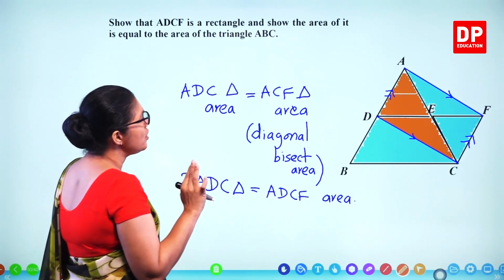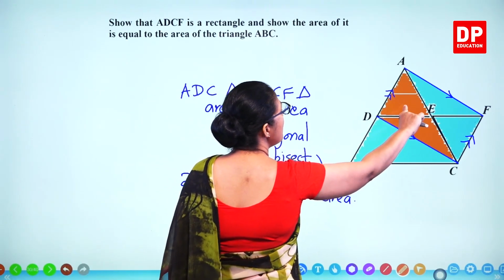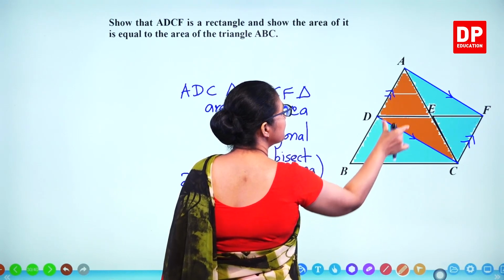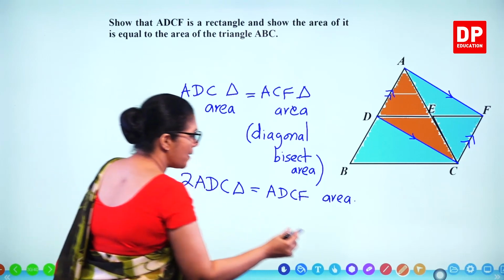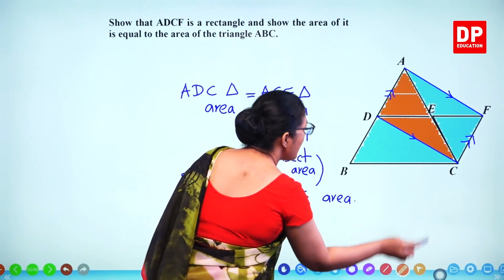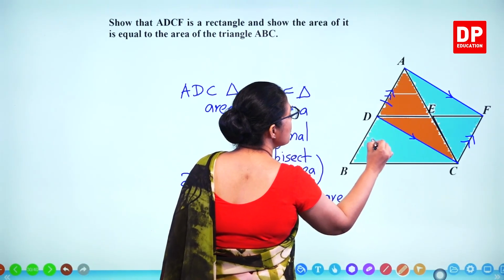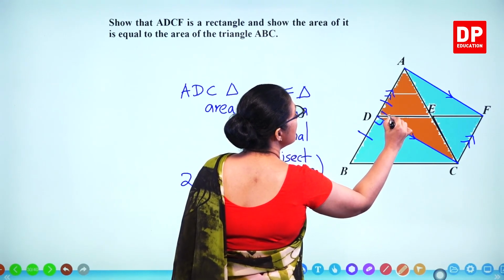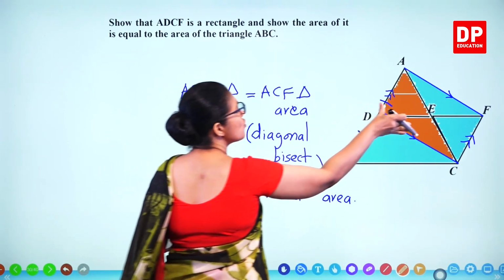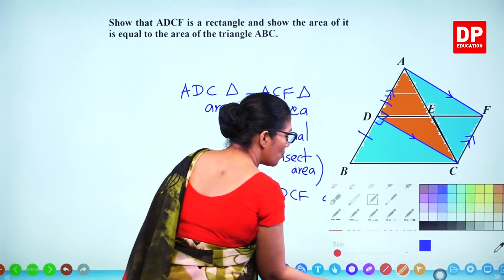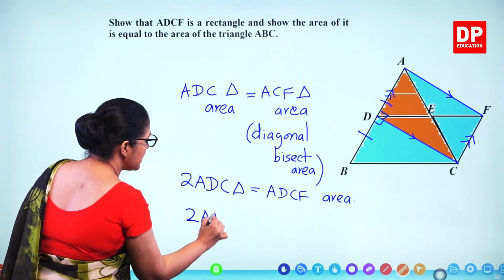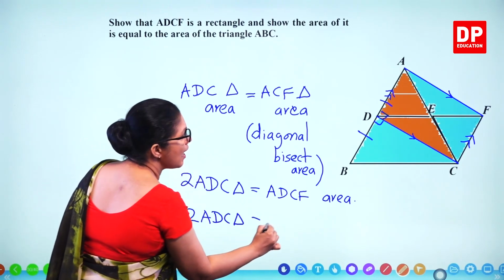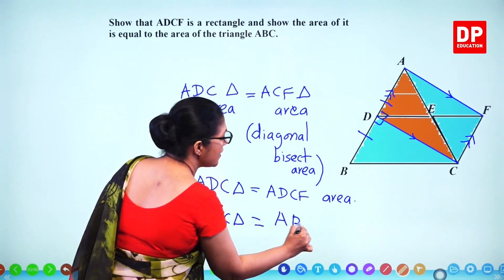Now, when you take double of this, that becomes ABC triangle as well. Because now see, this length is equal to this length and these are 90 degrees. So these two triangles also equal. So you can write double of ADC triangle is same as ABC triangle area.